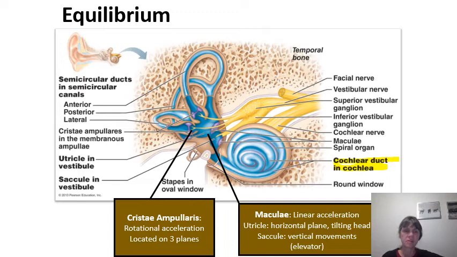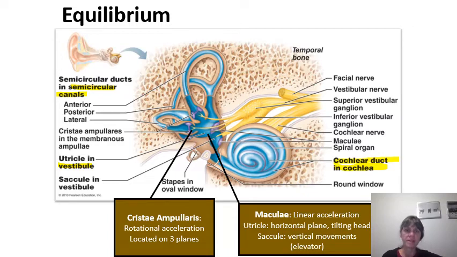Equilibrium is established by two other areas in the internal ear, including the vestibule and the semicircular canals. Both the vestibule and the semicircular canals are lined with membranes, just like the cochlea was lined with membranes.